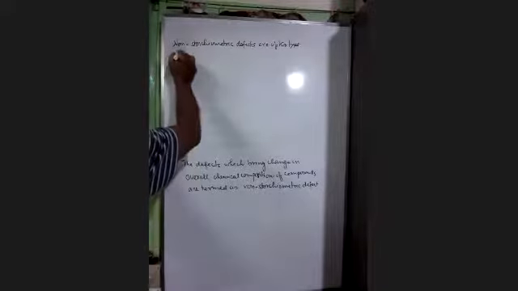So I have written here non-stoichiometric defects are of two types. Just like you told me, you can either increase the number of girls or you can decrease the number of boys. So what should I write now here? I told you, salt is made up of cations and anions. Mostly the cations are metals and anions are non-metals. So what are those?